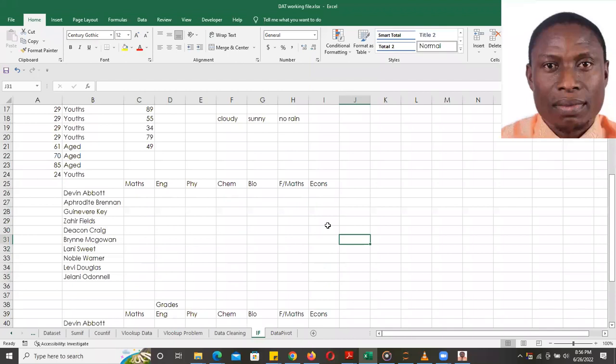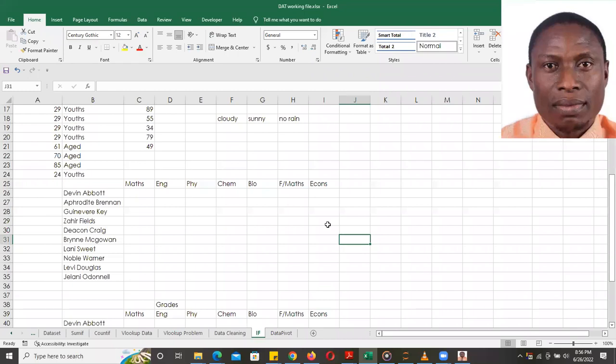Now, I'm going to show us some functions. There are some functions in Excel that can help you to generate random numbers. We have two of them, depending on the kind of numbers you want to generate. We have RAND.